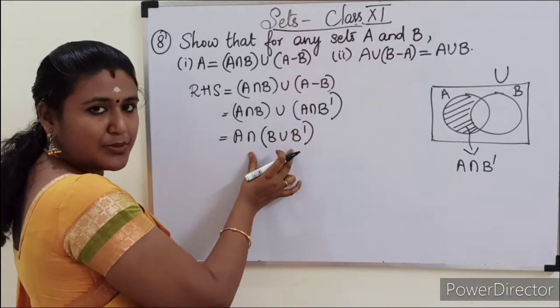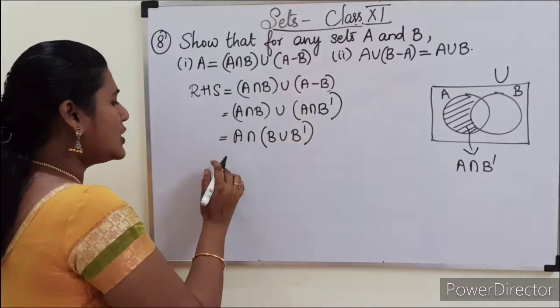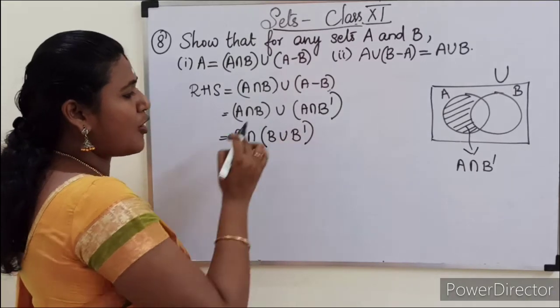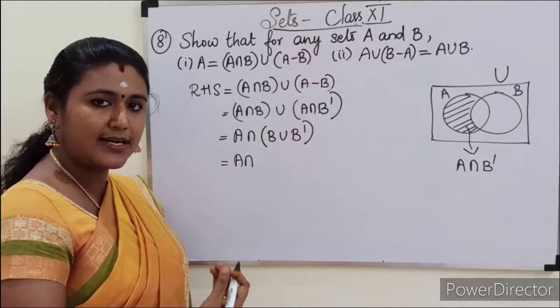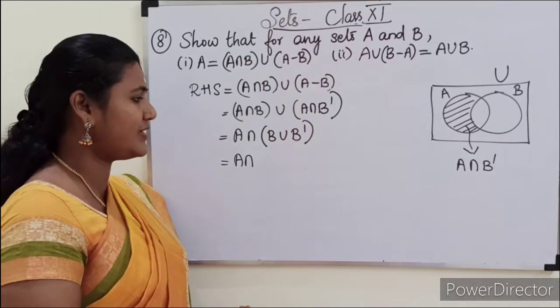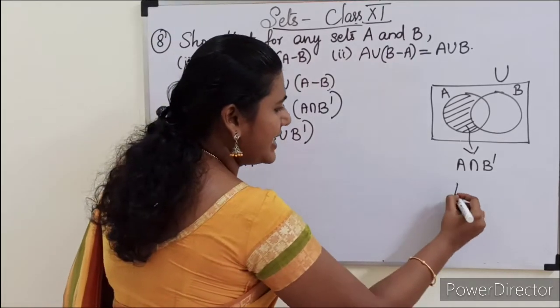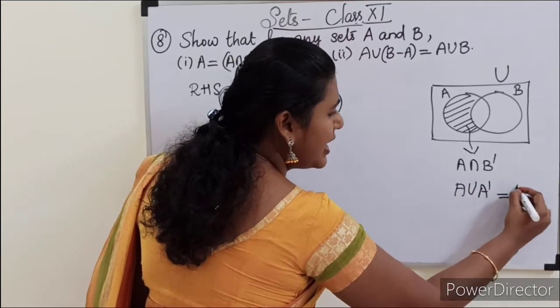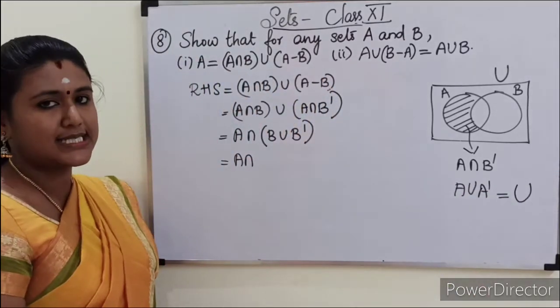Here, what is B union B complement? We have already studied the properties of the complement of a set. In that we studied a set and its complement: if you take the union, you will get the universal set.